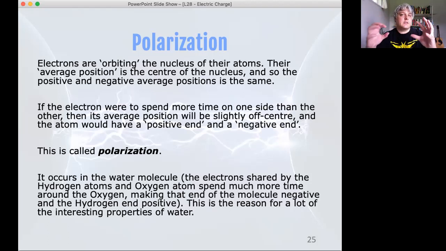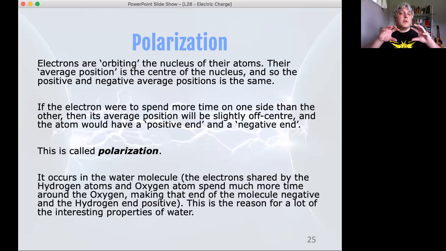So the hydrogen gets a bit less of that electron. A bit less of the electron's time is spent around the hydrogen. The hydrogen, being a single proton, therefore has an average of less than one electron because the electron is spending some more time at the oxygen. And so that leaves the hydrogen being net positive, right? Net positive charge on the hydrogen. And remember, there are two hydrogens, one oxygen.